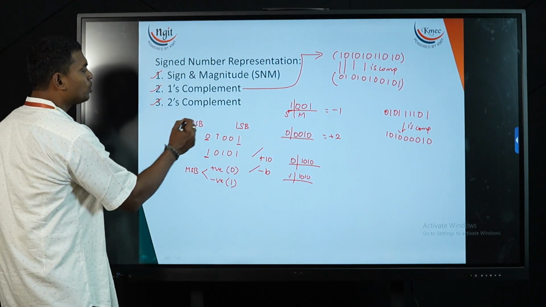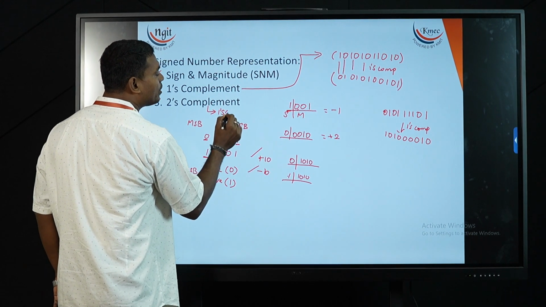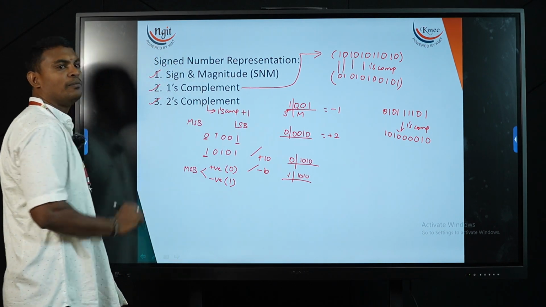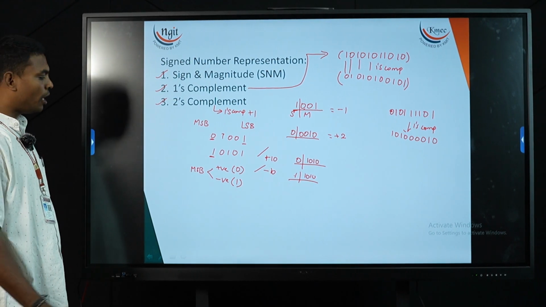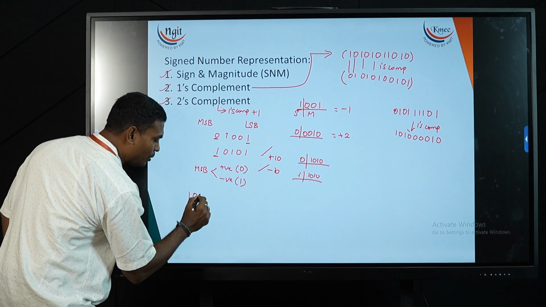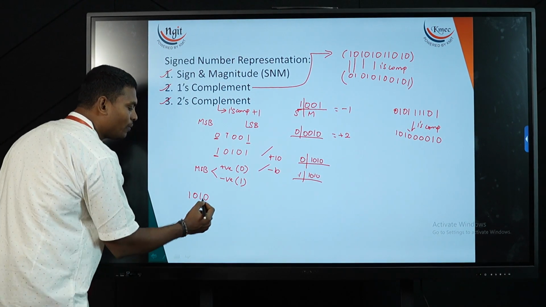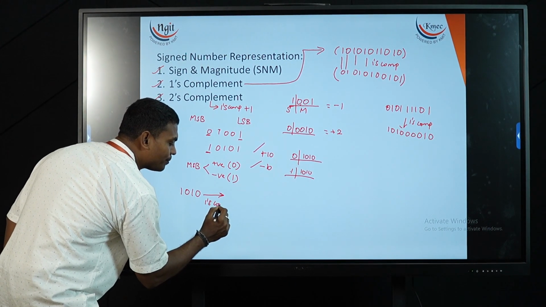Now coming to 2's complement. 2's complement is 1's complement plus 1, which gives me the 2's complemented value. How can I find the 2's complement of 1010?